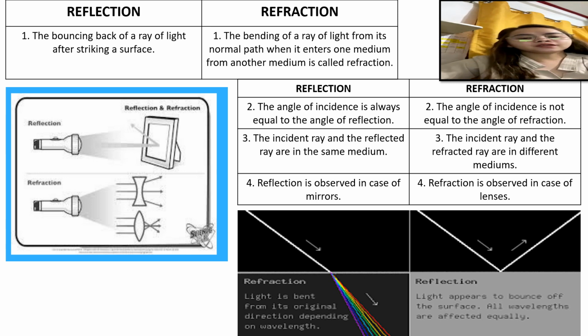On this given picture, if you try this using a flashlight in front of a plane mirror, of course, the light will reflect. That is under reflection. But if the light coming from the flashlight spreads out or scatters, that is what we call refraction.